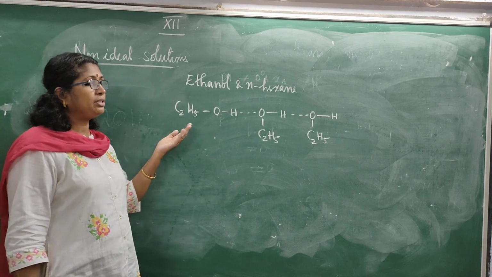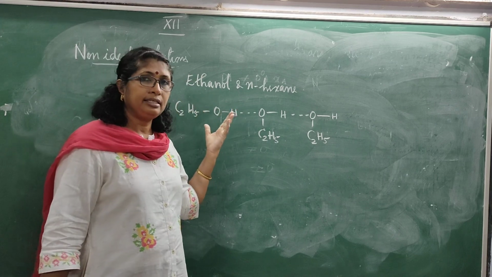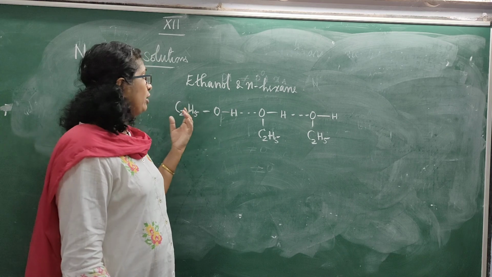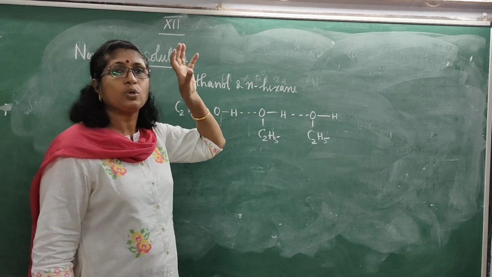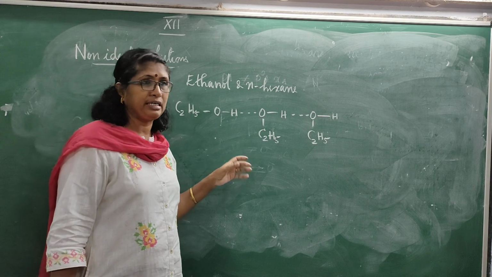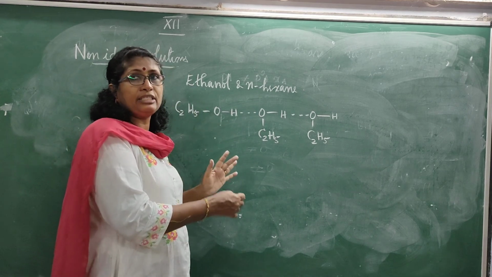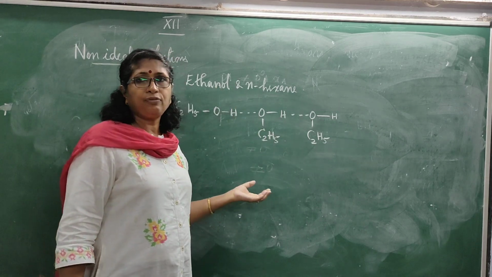Due to this intermolecular hydrogen bonding, the interactive force between ethanol molecules is very strong. Now when you add N-hexane, between N-hexane molecules there is only weak van der Waals force of attraction. So the AA interactive force is very strong and the BB interactive force is weak.